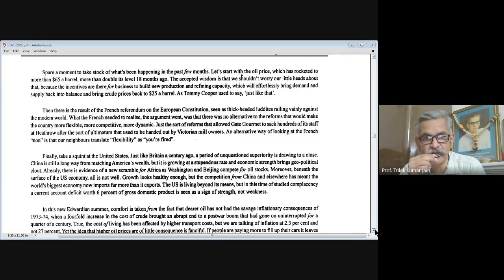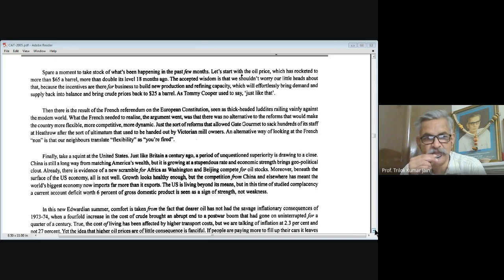Finally, there is the United States. Just like Britain a century ago, a period of unquestioned superiority is drawing to a close. China is still a long way from matching America's wealth, but it is growing at a stupendous rate, and economic strength brings geopolitical clout. Already there is evidence of a new scramble for Africa as Washington and Beijing compete for oil stocks.